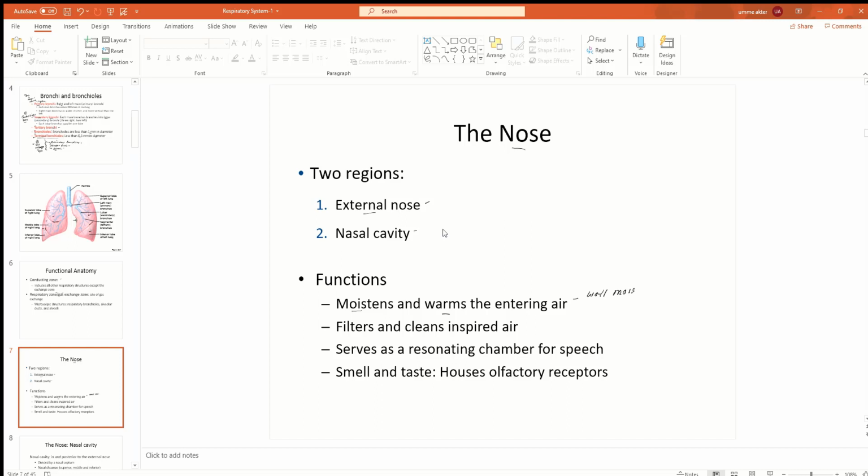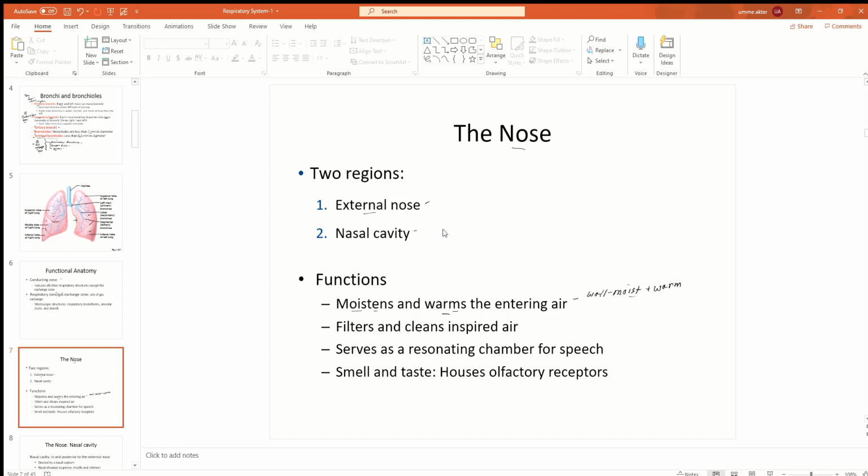So when the air gets into the nasal cavity, it comes into contact with the wall of the nasal cavity, which is moist, and that's why, if the air is dry, this is really helpful to make it moist. And also the air gets warm. Why? Because the wall is not only moist but also warm.